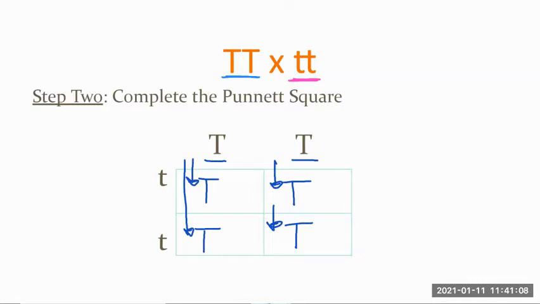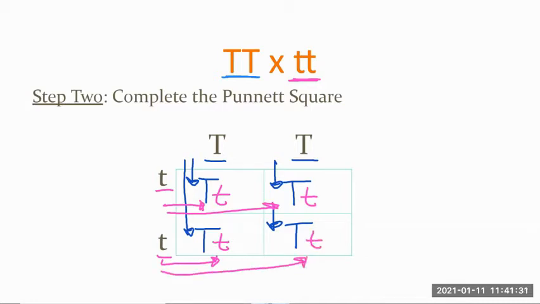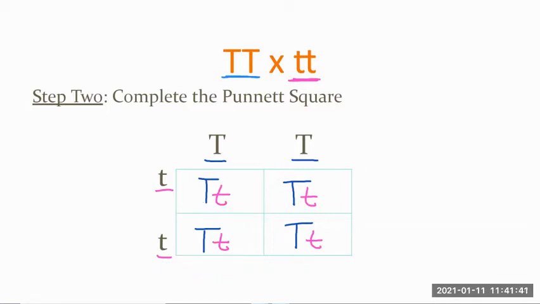For the homozygous recessive, we're going to start here on the left. And very similar, except we're just going to bring them over. We're just going to bring a little t over here, and all the way over here. And same thing with this one. We're going to bring one to this box, and then one to the far box. You're just bringing them down. Now, if I erase all of these arrows, we'll see what we have left over.